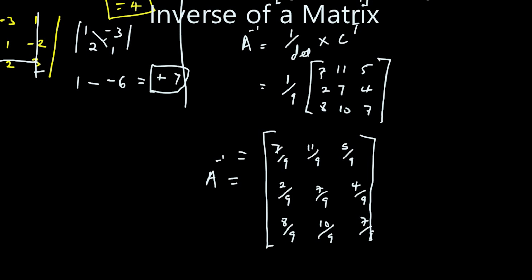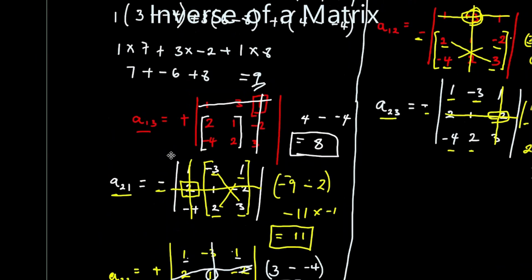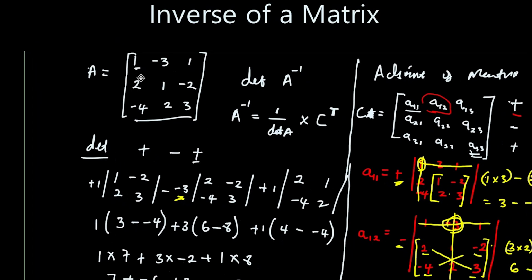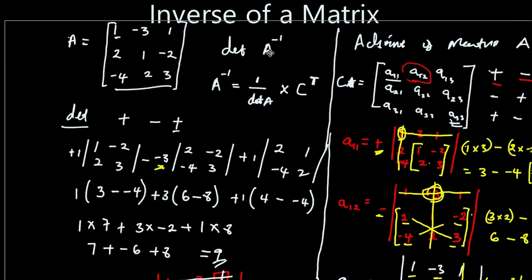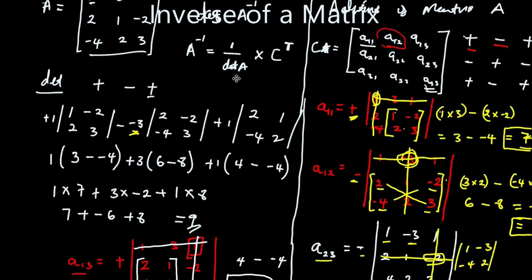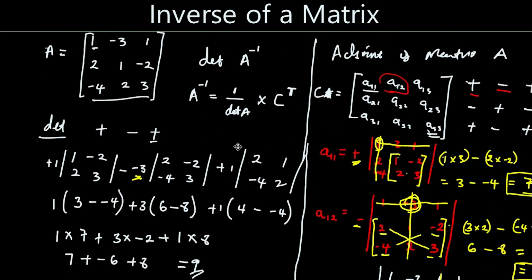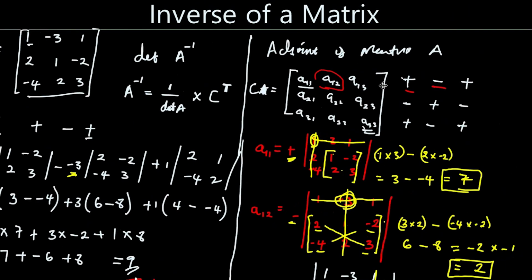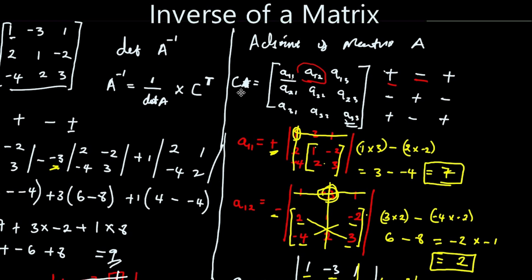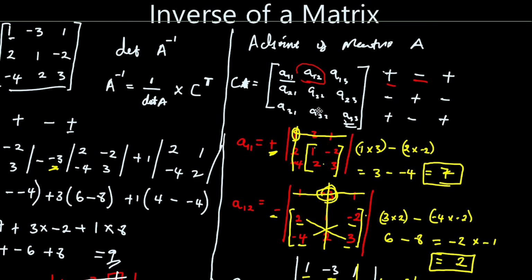Now, that is how we go about getting the inverse of a matrix. I'll just run through very fast again. We have the matrix you've been given there. We've said for you to get the inverse, you get the determinant, which is 1 all over the determinant times the CT. Calculate the determinant. After you have your determinant, then you need to get the adjoint of the matrix, which means you need to get a new matrix C, and it is defined by these position elements A11 all through to A33.